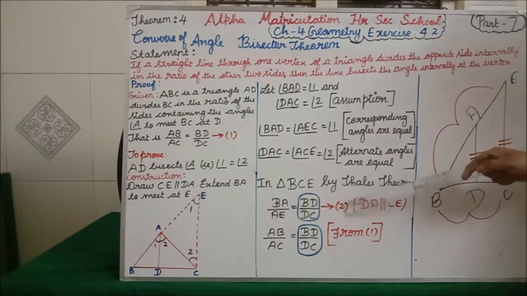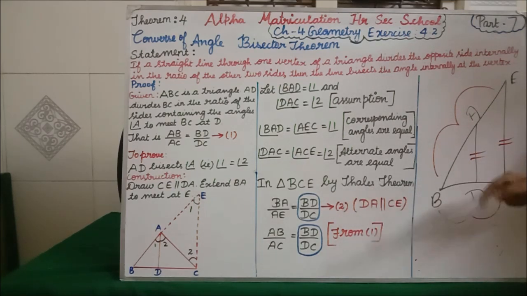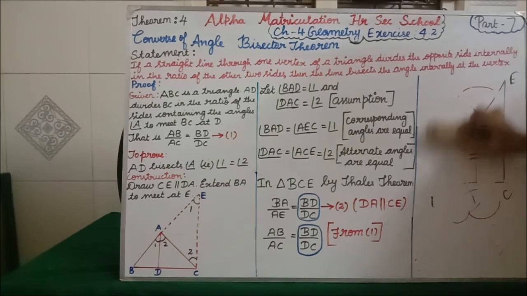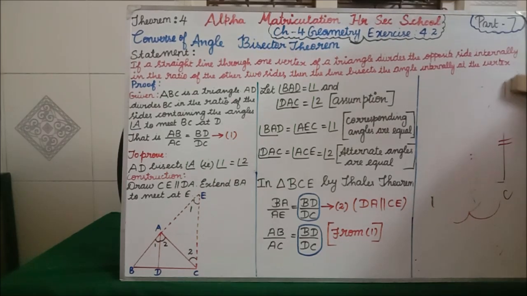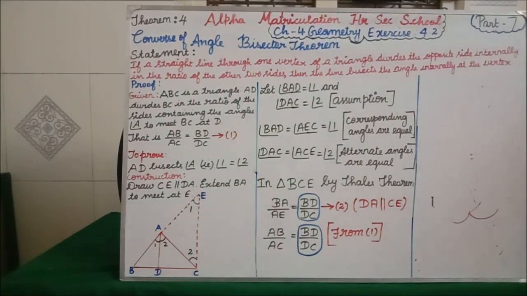Now compare 1 and 2. What are we getting? Both the right hand sides are equal. If both the right hand sides are equal, we have to omit that, then write the remaining left hand side. Clear students? Up to this all of you are clear. Next we are going to see the remaining part of the theorem.